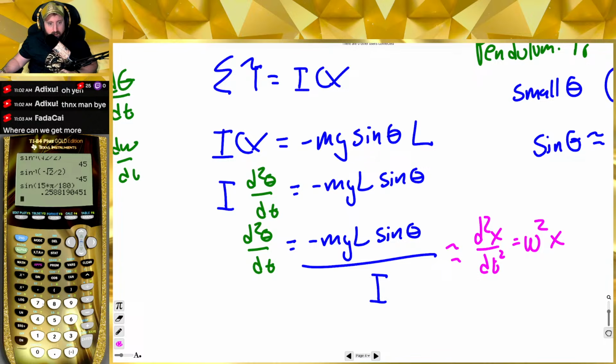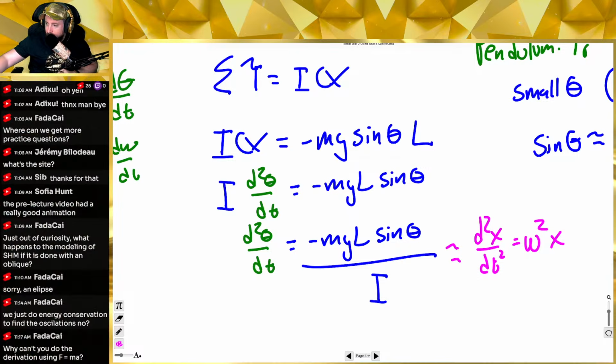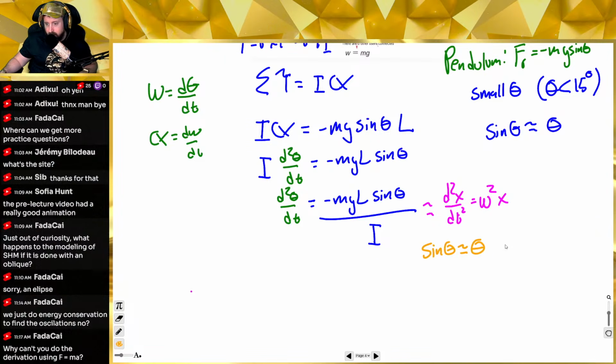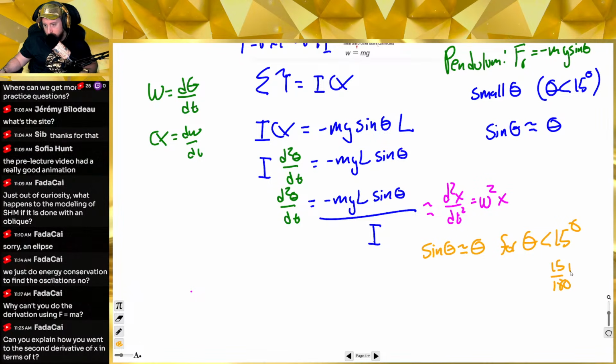And then sine of 15 degrees gives 0.26 as well. So that's off by basically 0.01, less than 1%. So now we can say that sine of theta is basically equal to theta, for theta less than 15 degrees, which is 15 over 180 pi.